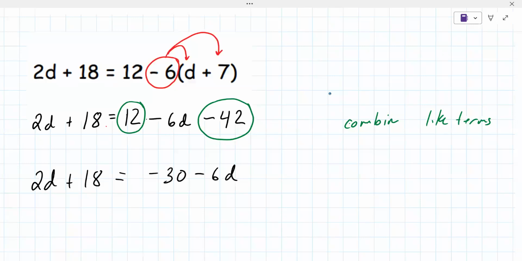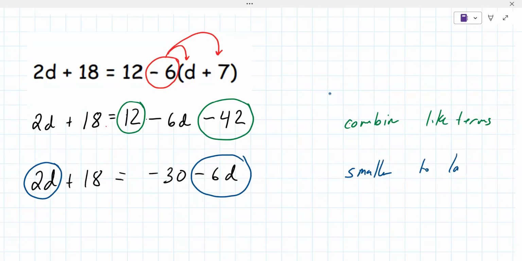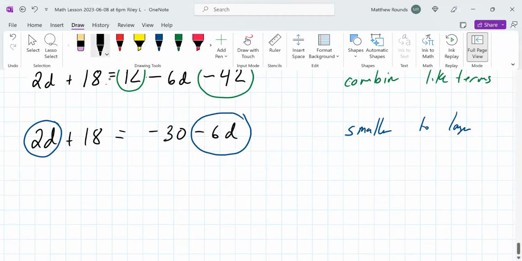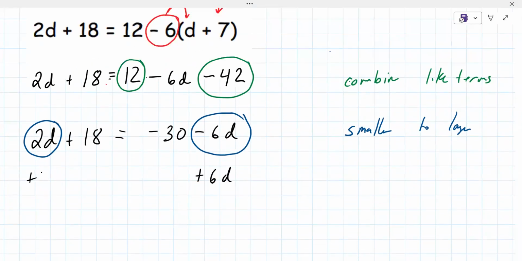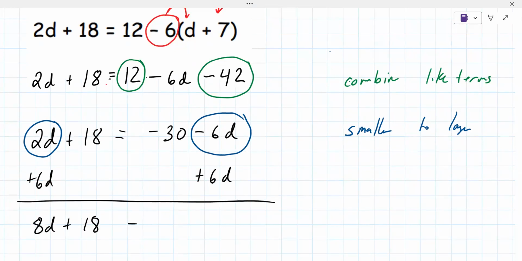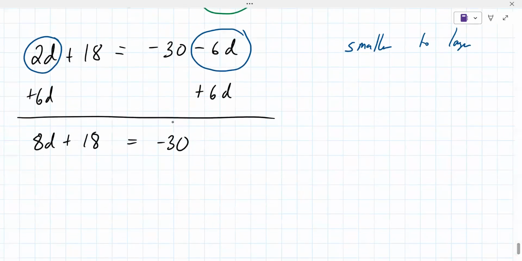All right, now, which is smaller, the 2D or the minus 6D? The -6. So would you add 6D to both sides? Yep, very good. And add 18. 8D plus 18 equals negative 30, and then you would subtract 18 from 18 and negative 30.